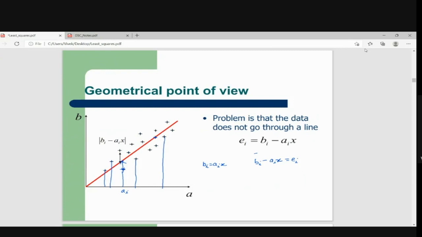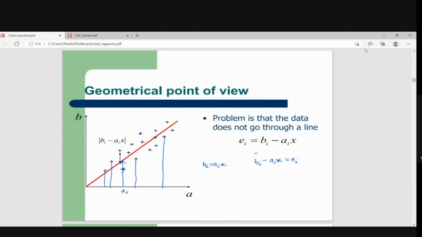This point is quite far from the line, so in this case the error will be quite high compared to this one. So if the point is close to the line, the error will be small, but if it's quite away from the line, then it will be large.